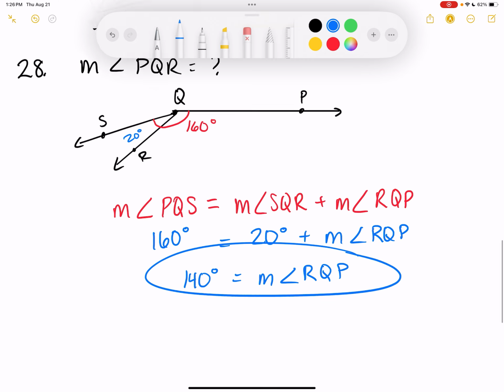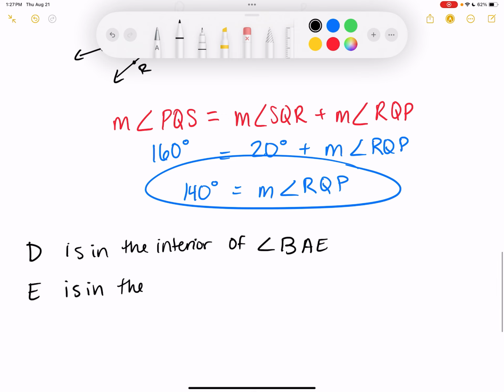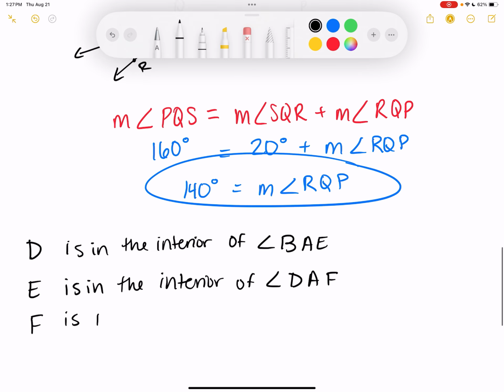All right, let's go ahead and do this. I think we have time to do this and what else I want to do. Draw a sketch that uses the following information. D is in the interior of angle BAE. E is in the interior of angle DAF. F is in the interior of angle EAC.